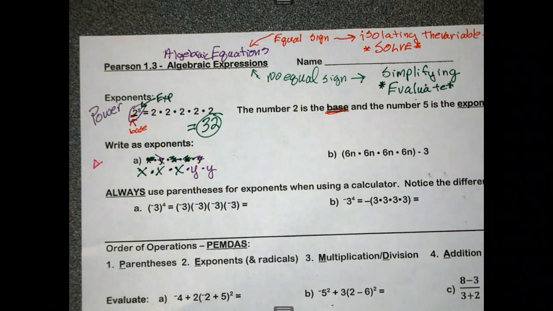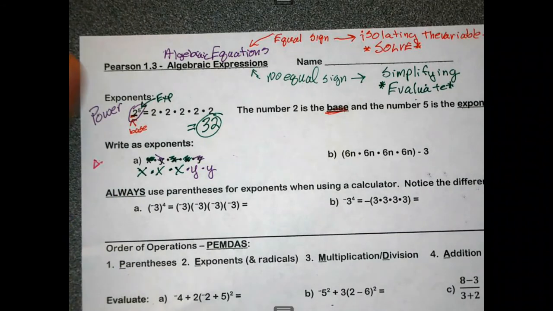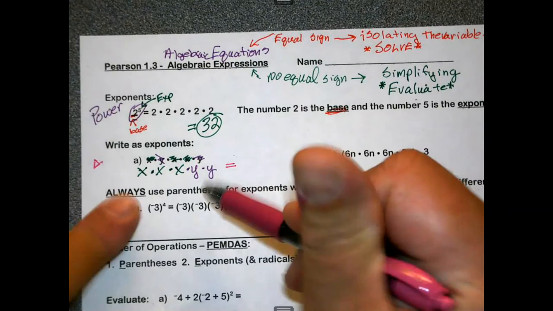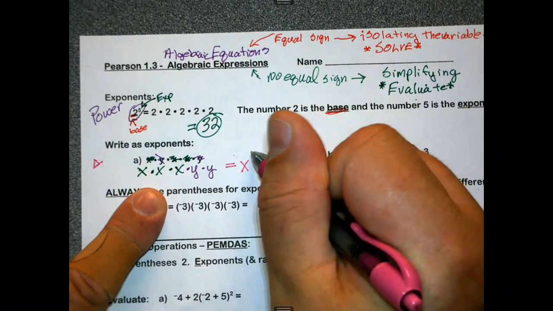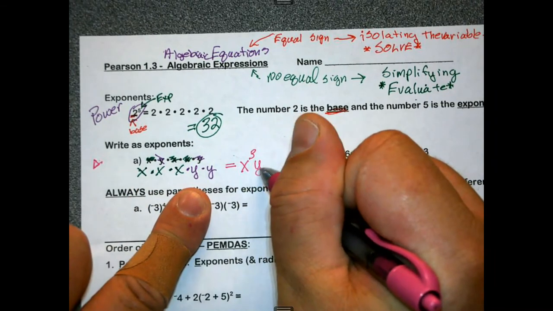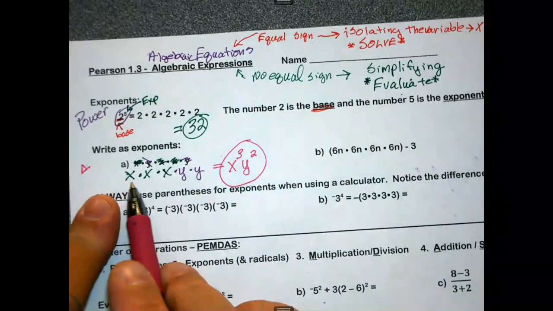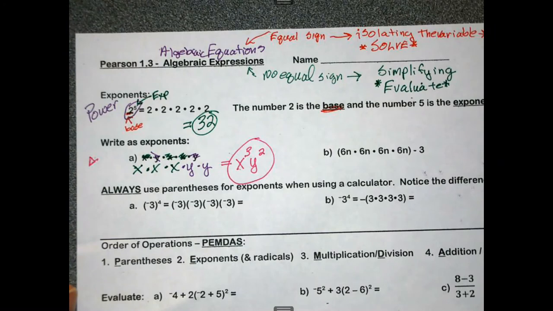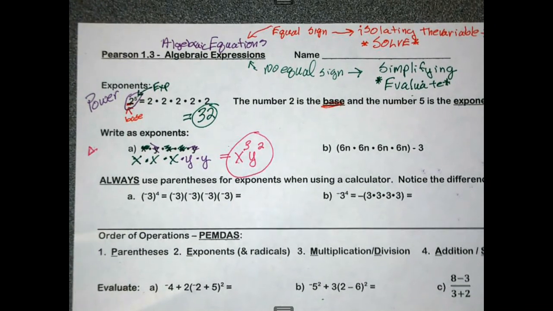You probably didn't have to do that, but when you get into more difficult problems, this is really going to help you. Okay. So if I wanted to write this as a power, well, I have x's, and I have three of them. My y's, I have two of them. So I simplified this expression to this. Questions?